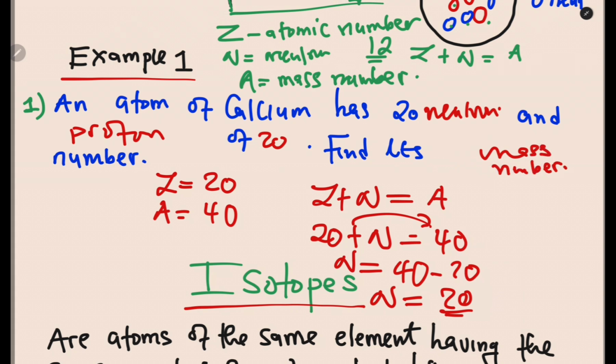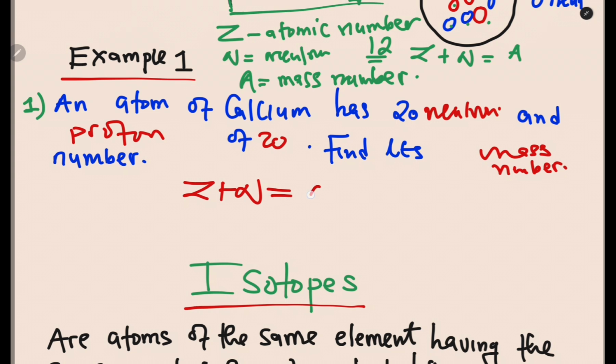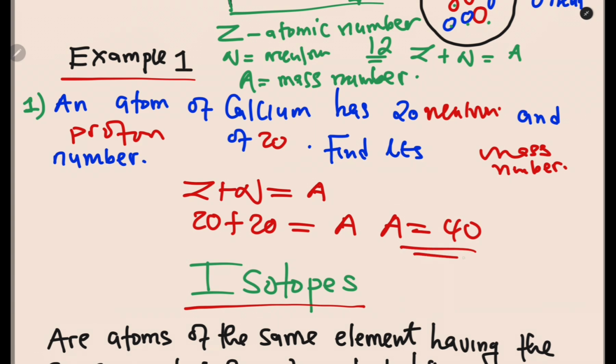The same formula you're going to apply, but this time around you're finding the mass number, which is A. So Z plus N equals A. You put 20 plus 20 equals A, and this A should give you 40. So that is how you find the mass number.